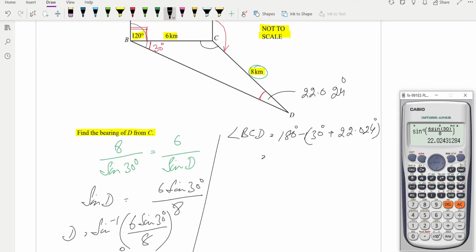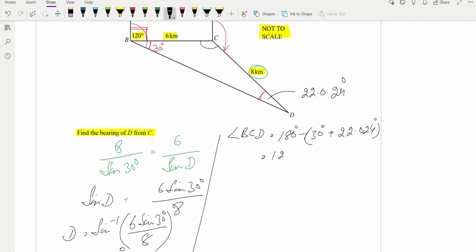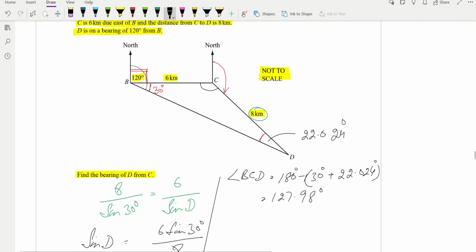So 180 minus in brackets 30 plus the answer, bracket closed, and this will be equal to 127.98 degrees, and this is this angle, 127.98 degrees.